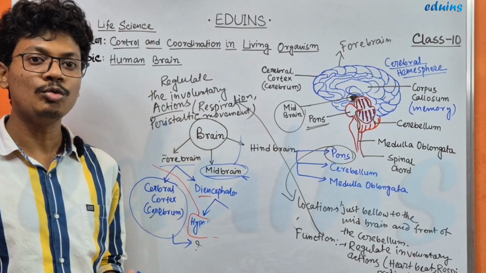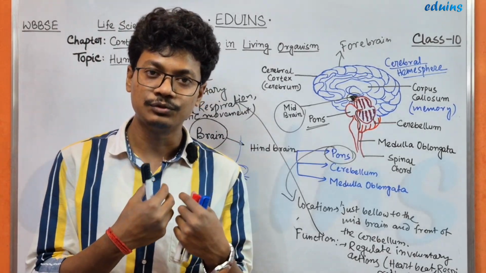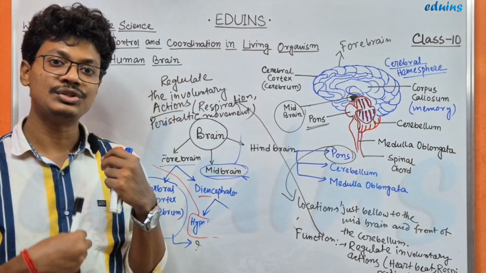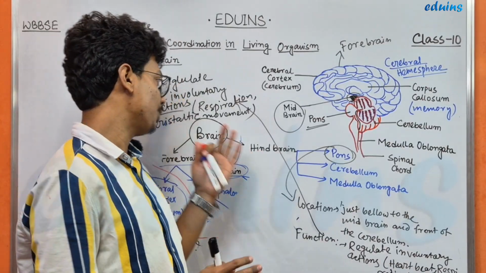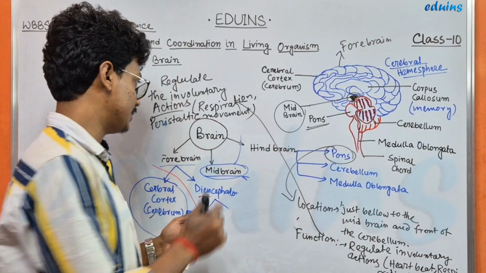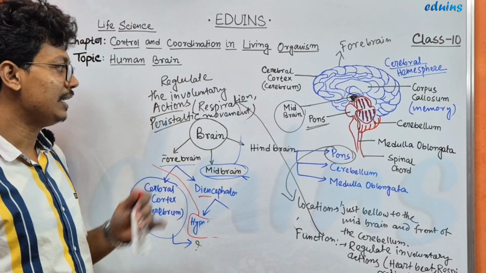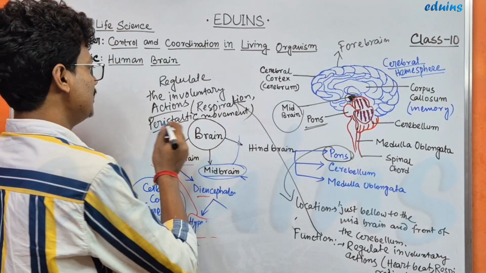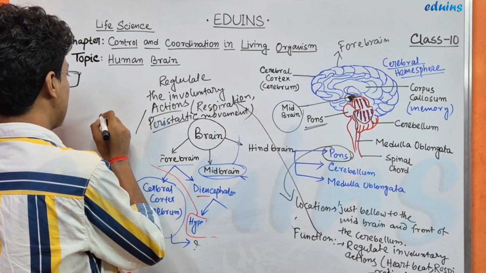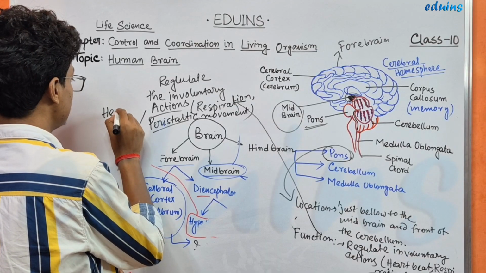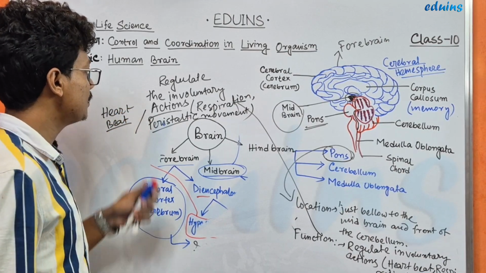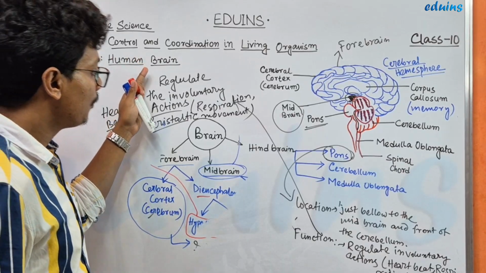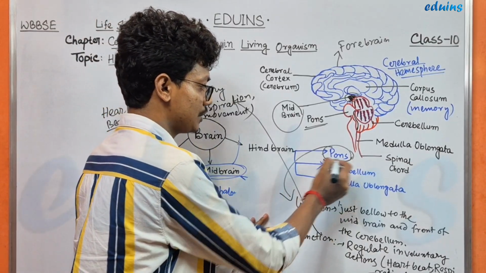What is peristaltic movement? When we swallow food, it reaches the stomach in a special rhythmic way, which is known as peristaltic movement. These are involuntary actions. Another involuntary action is regulating the heartbeat. So these are the functions of pons.